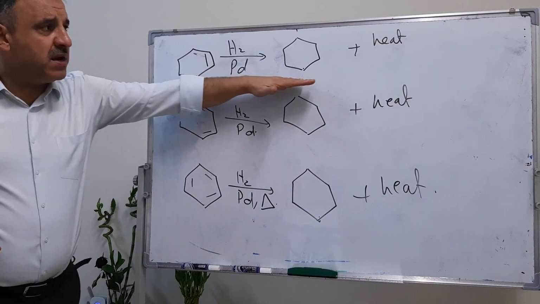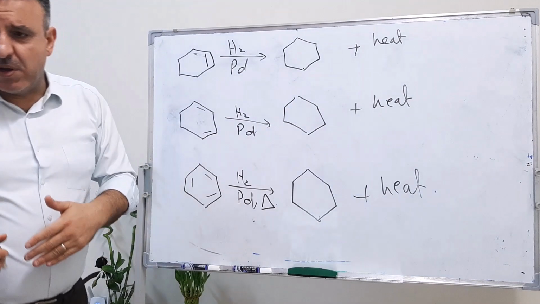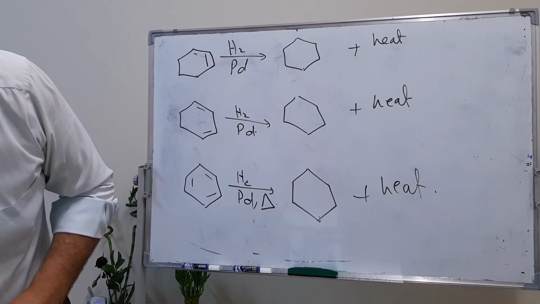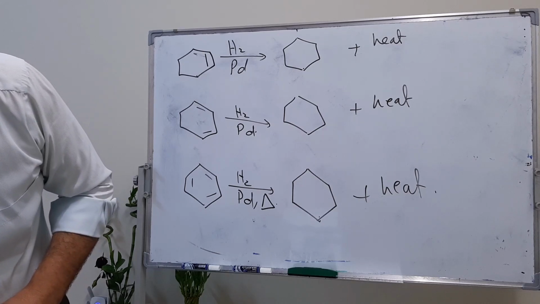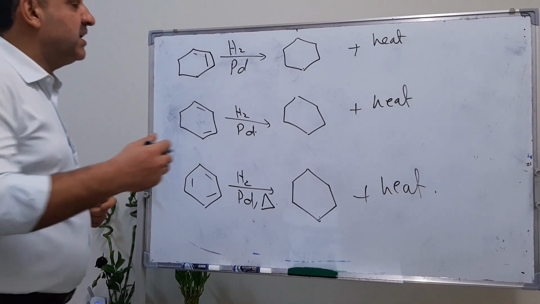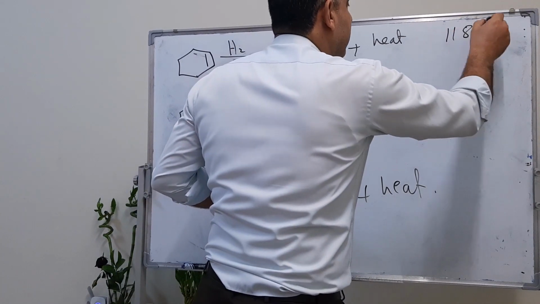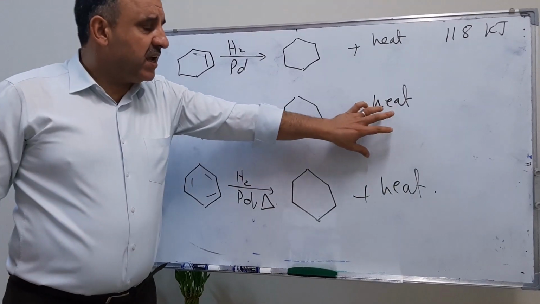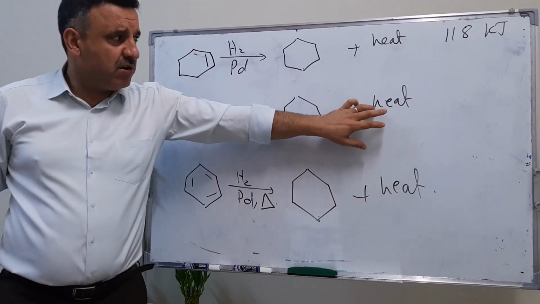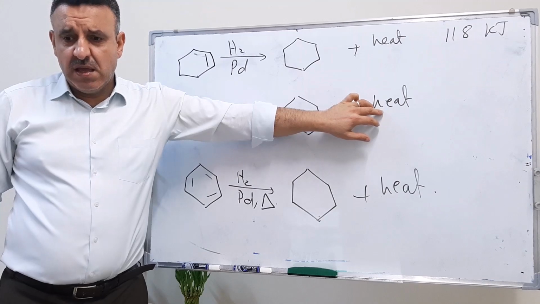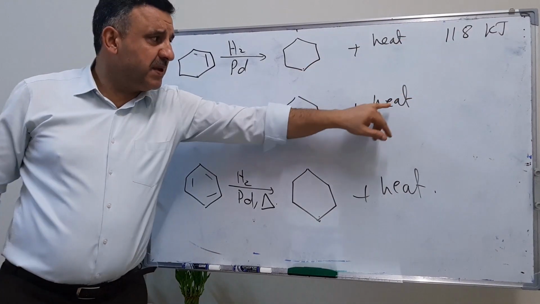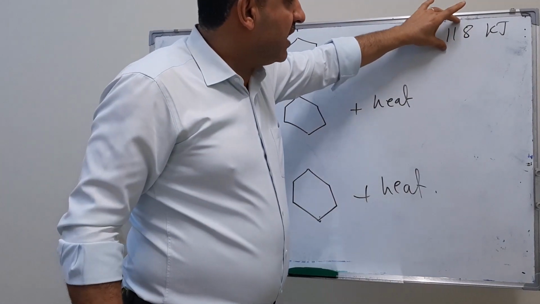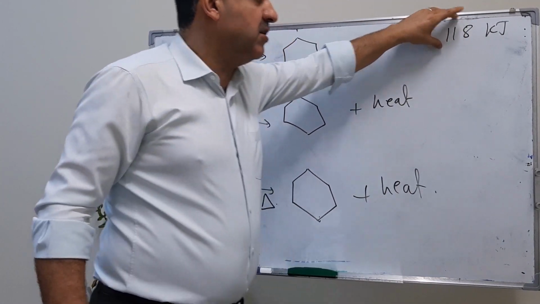In the first one, when we have only one double bond, the delta H of hydrogenation, how much was it? It was 118 kilojoules. Which means the delta H of hydrogenation of this one should be double that, isn't it? Because for each double bond, we get a delta H of 118 kilojoules.